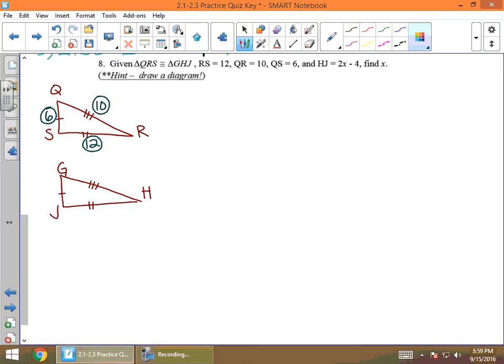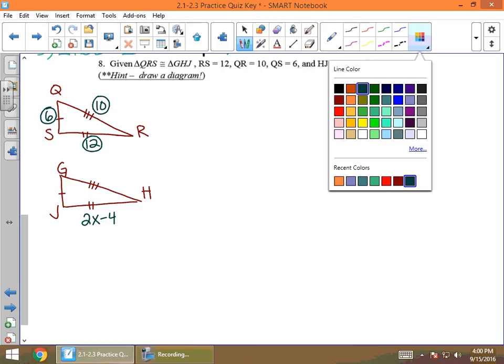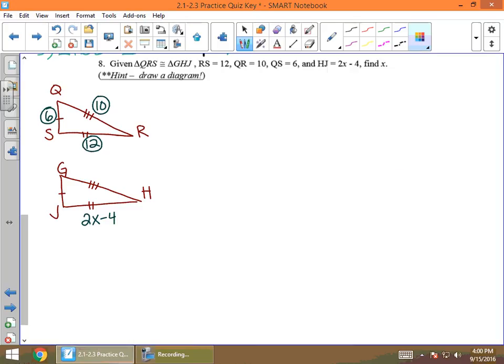And then it says from H to J is 2x minus 4. Well, if I look at the top triangle and the bottom triangle, I can see that HJ has to be the same as RS. I could have seen that right at the beginning: HJ, that's the second and third, has to be the same as the second and third in the other one.